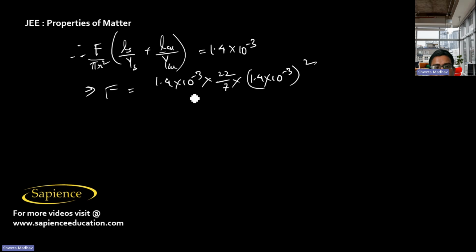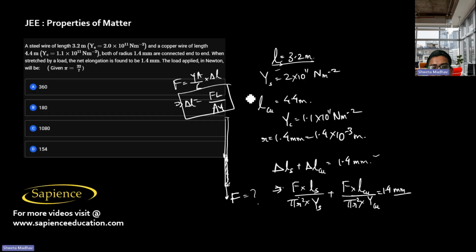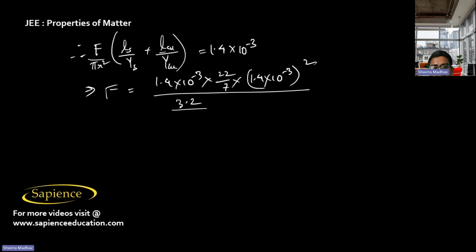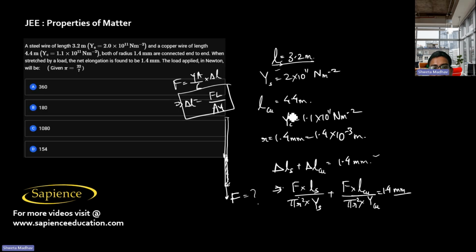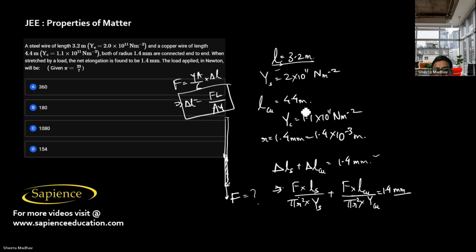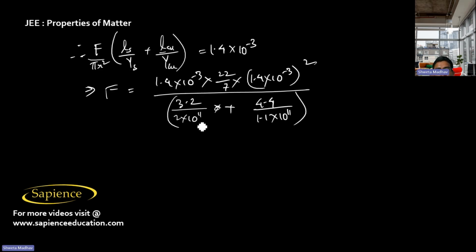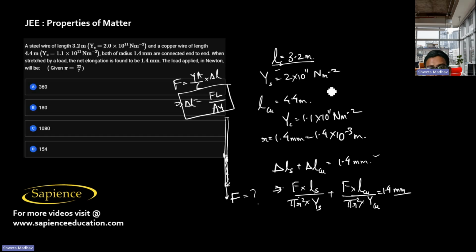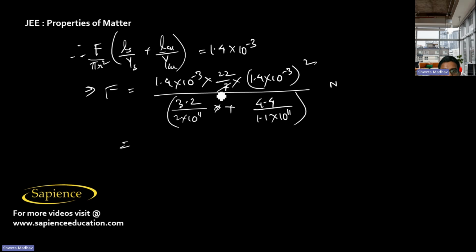Pi r square divided by Ls by Ys, and Ls, that is 3.2 meter by Ys, that is 2 into 10 power 11, plus Lcu by Ycu, that is 4.4 meter divided by 1.1 into 10 power 11. So this we have to solve, then this much in Newton we will get the load.